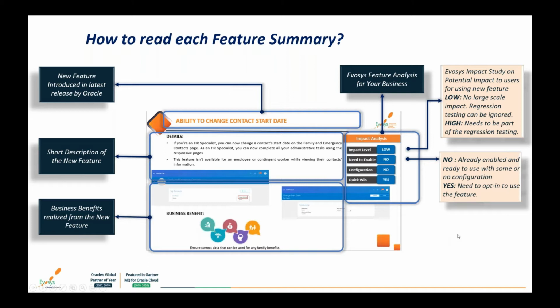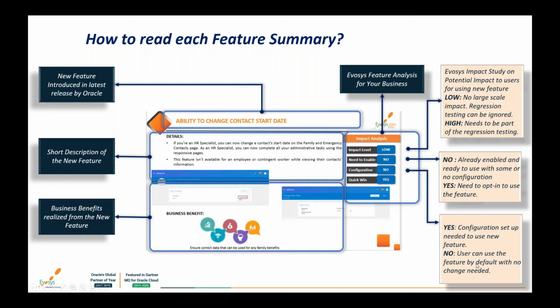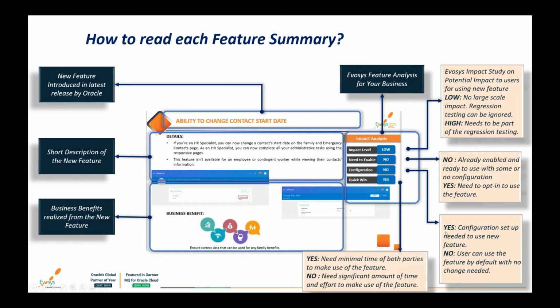Does the feature need to be enabled or will it just appear post-upgrade? Configuration. What about configuration? Well, we highlight this too as part of the feature summary. And obviously, anything that does need configuration needs more planning time. And lastly, quick wins. So we provide a quick win gauge, which takes into account the level of effort and time required to get this feature set up.